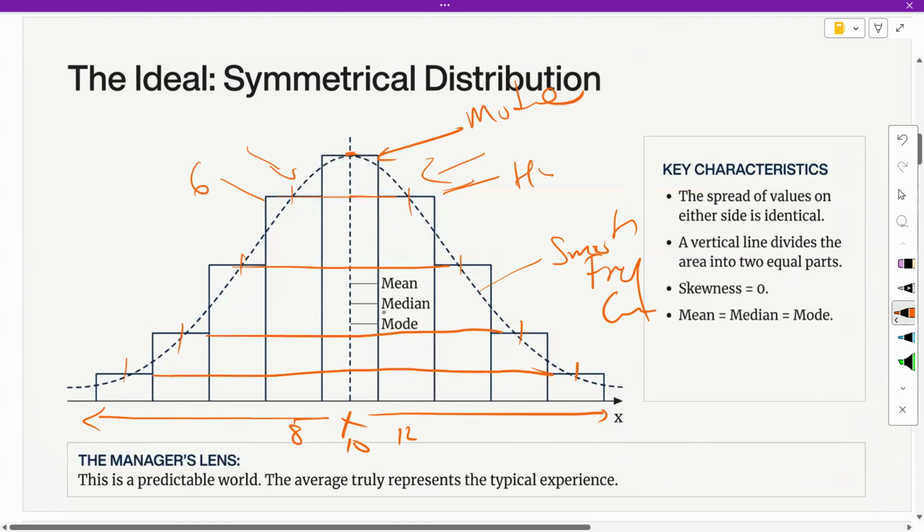So, a practical example: this principle always applies here. For example, when we take the marks of students in a large class, say there are 1,000 students, and we take their marks, very few get the top marks.